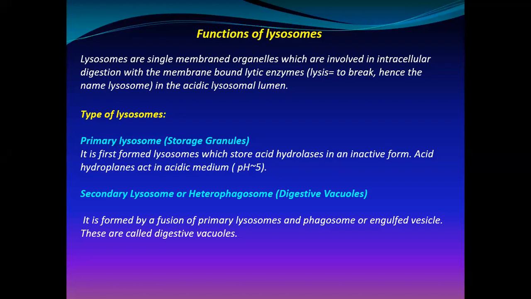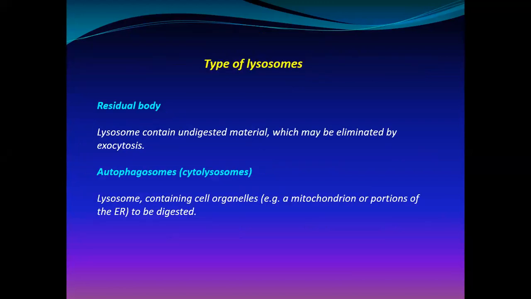Okay, right. And then when we go to the types of lysosome, the lysosome contains undigested material which may be eliminated by exocytosis. That is what we call the residual body, right? At the same time, autophagosome is a lysosome containing cell organelles, right?